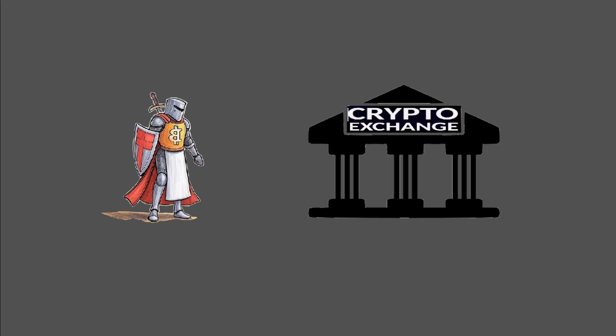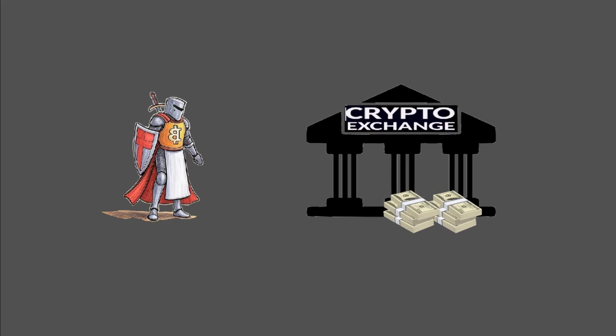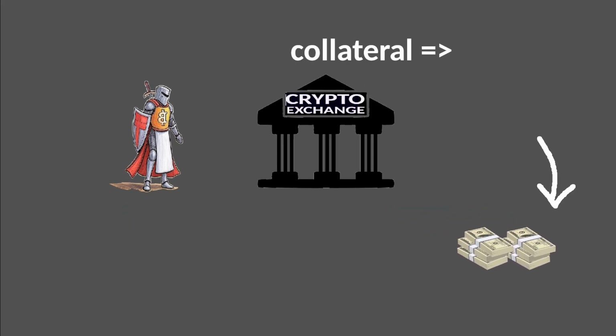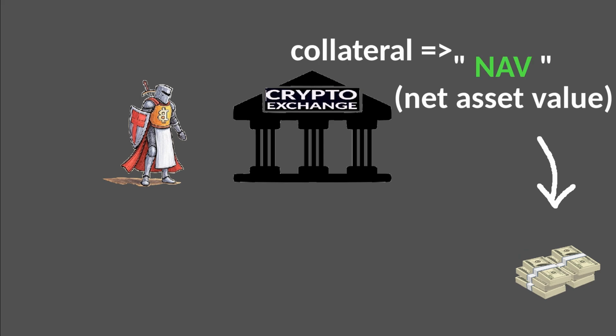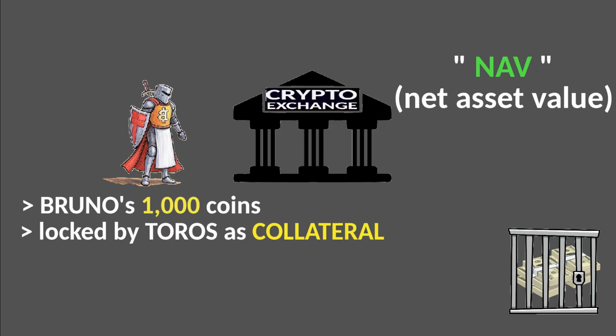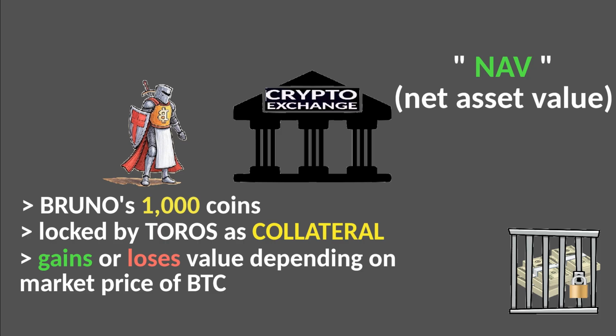When Bruno paid the 1,000 coins to Toros, it acted as collateral, or we can call it NAV, or net asset value. This is the capital that Toros holds for Bruno. This capital grows when the token gains value or shrinks on a loss.